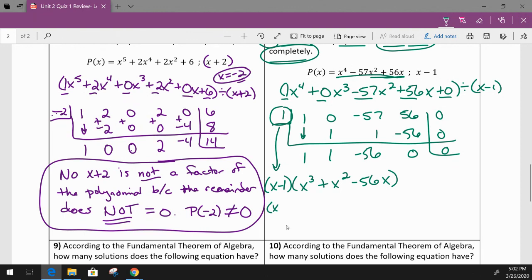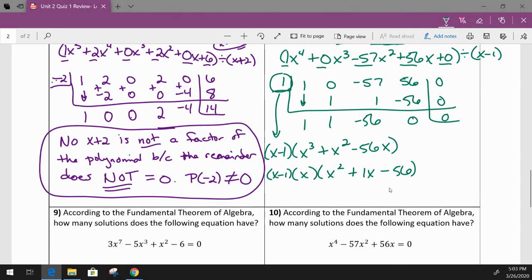So x minus 1 on the outside. I'm just going to put the x that I'm factoring out here. And then when I take an x out of each of these terms or divide all of them by x, I get x squared plus 1x minus 56. So now I have a quadratic trinomial that I can factor.